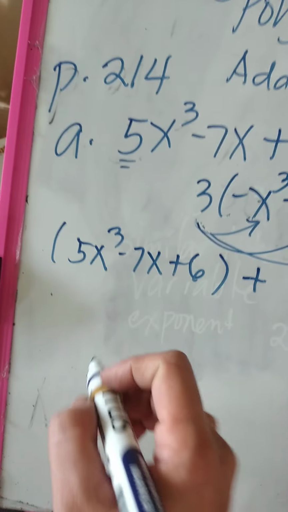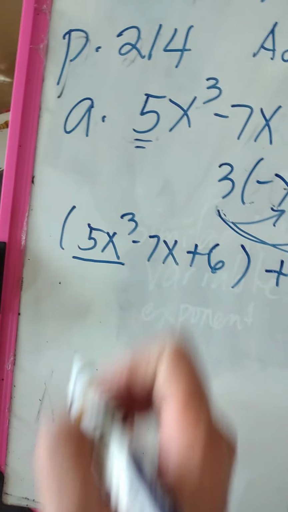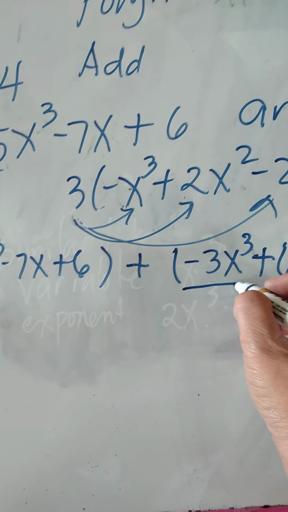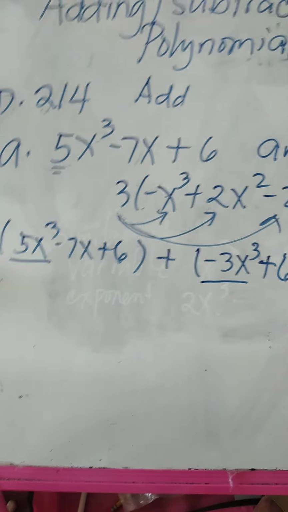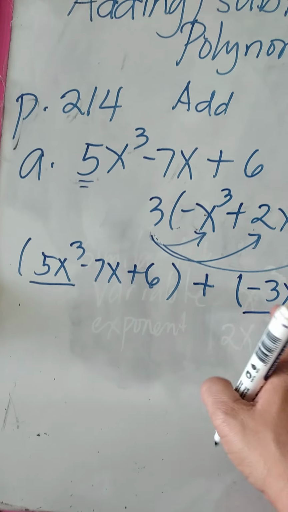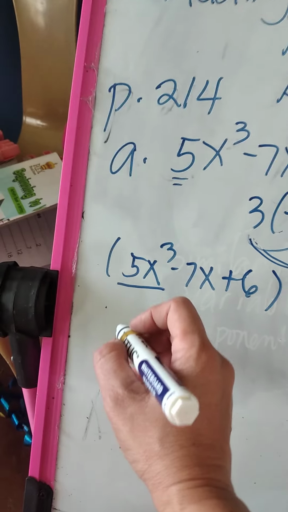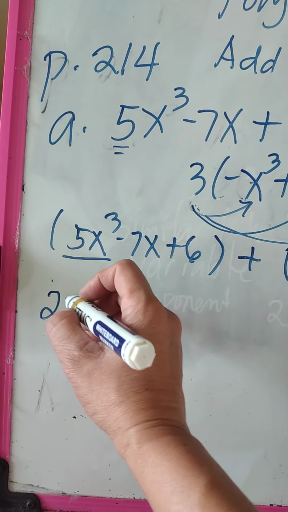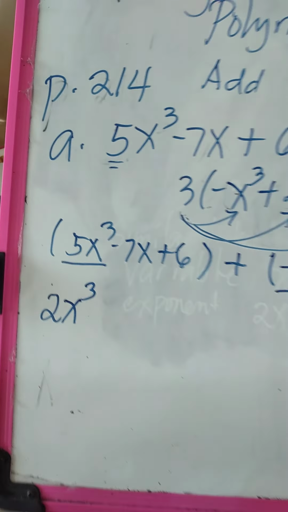So this is my technique. I would underline. That's 5x cubed plus negative 3x cubed. All you have to do is add the 5 and the negative 3. So 5 plus negative 3 will give you positive 2. And then copy your variable and exponent.